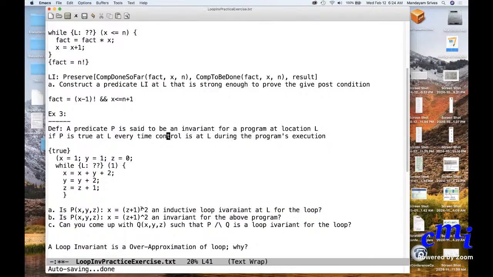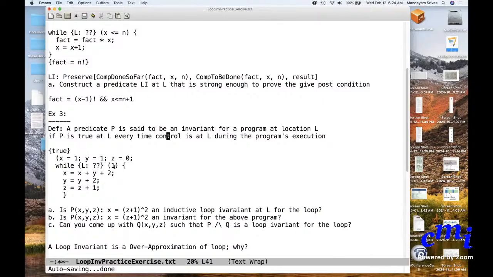But it is not a loop invariant, because a loop invariant also needs to be inductive. So for the inductiveness check, you start in a state in which the condition x is equal to z plus 1 whole squared is satisfied at L, and you enter the loop.